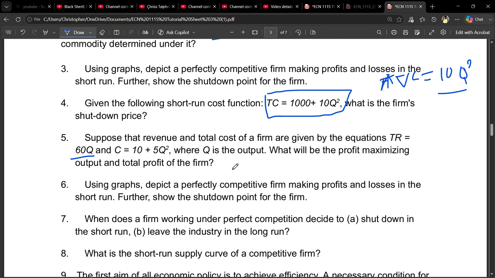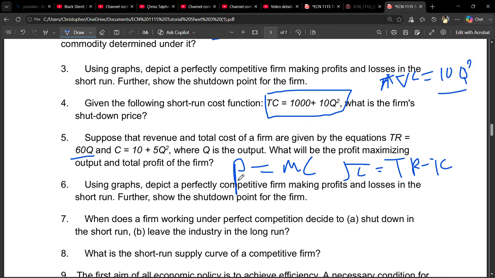So here, you're trying to find the profit maximizing output. What is the profit maximizing output in perfect competition? Remember, looking at perfect competition, we follow the condition to say price is equals to marginal cost, yeah? And then for us to find the profit, we're going to follow profit is equals to total revenue minus total cost.